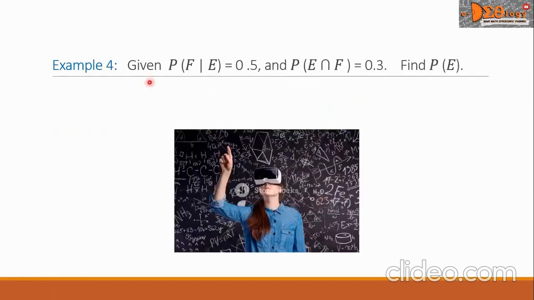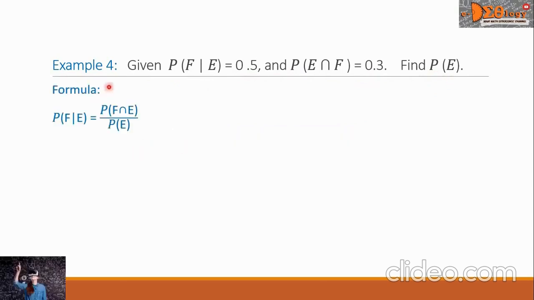Example 4. Given P of F given E equals 0.5 and P of E intersect F equals 0.3, find P of E. For our solution, let us first write the formula that P of F given E equals P of F intersect E in our numerator over the denominator P of E. And then let us substitute the corresponding values.